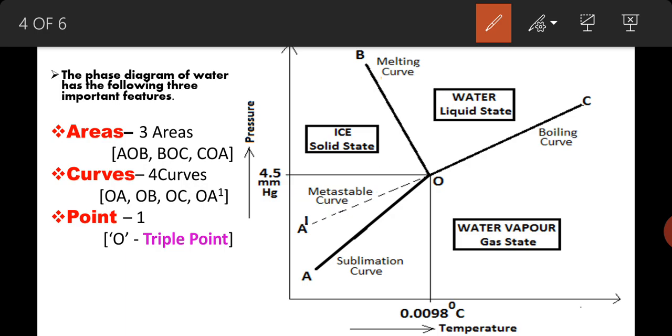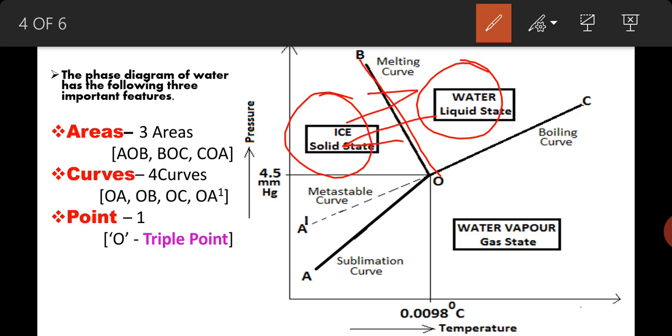Next curve, the OB curve. The curve is present between solid ice and the liquid state of water. The curve has equilibrium between these two phases. Here phase equals 2. The solid state of ice converting to the liquid state of water is called melting.